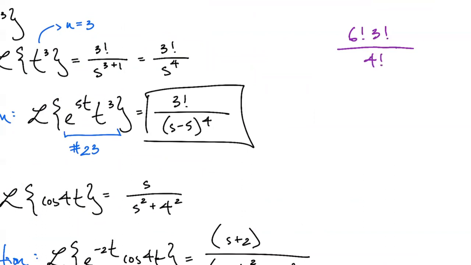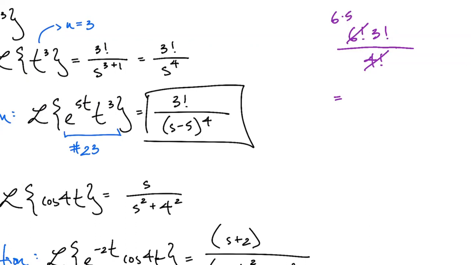And if you were to multiply them out and then reduce your fraction, that would take a lot longer. But one thing we could do from here is we could say that 4 factorial will reduce with much of the 6 factorial. We'll only end up with 6 times 5 left.